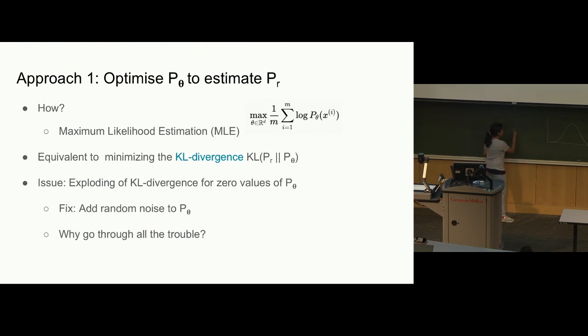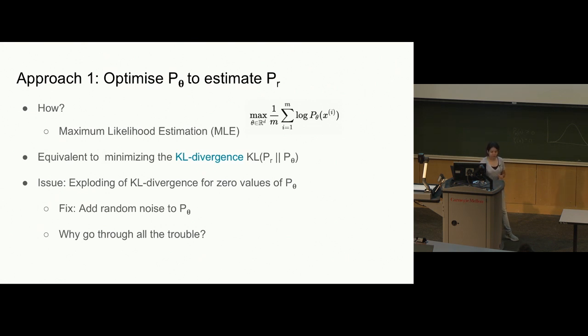So consider a condition when your PR at any particular point x is greater than 0, but P theta at that particular point becomes 0. What will happen for KL divergence? By the formula of KL divergence, as you know it, it will explode to infinity, and then the optimization function that you're using for minimizing this distance will not work.